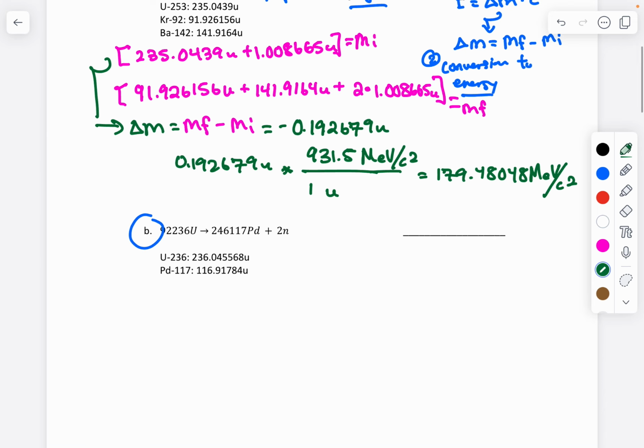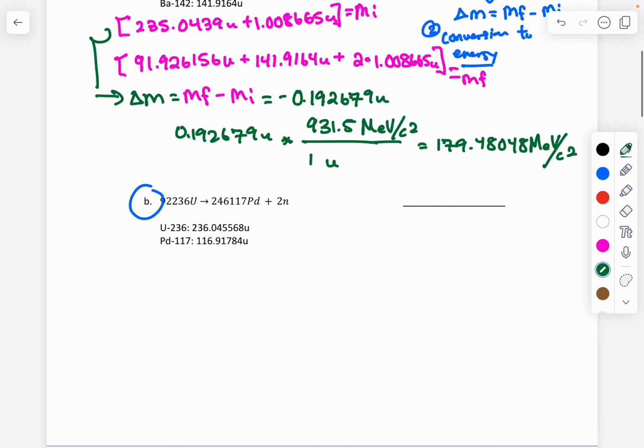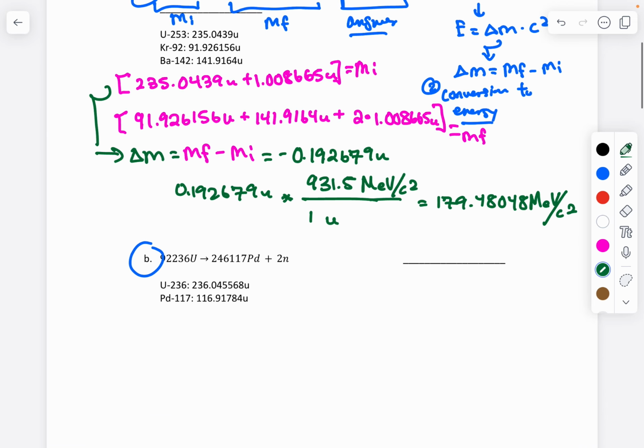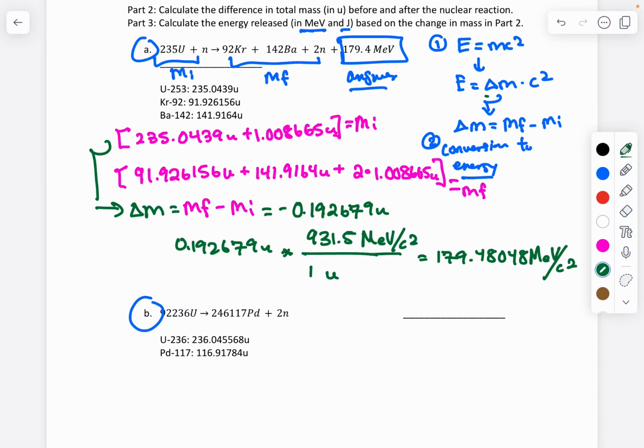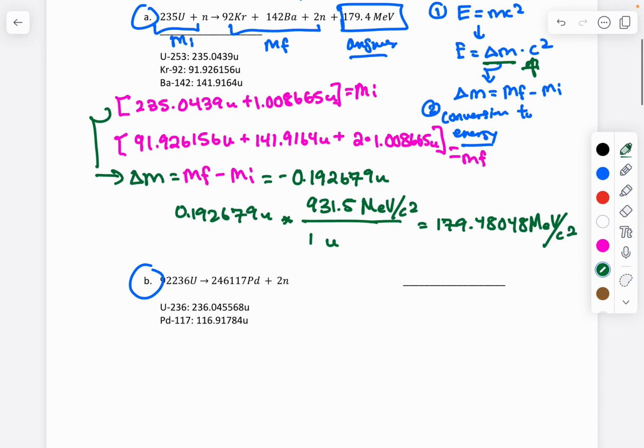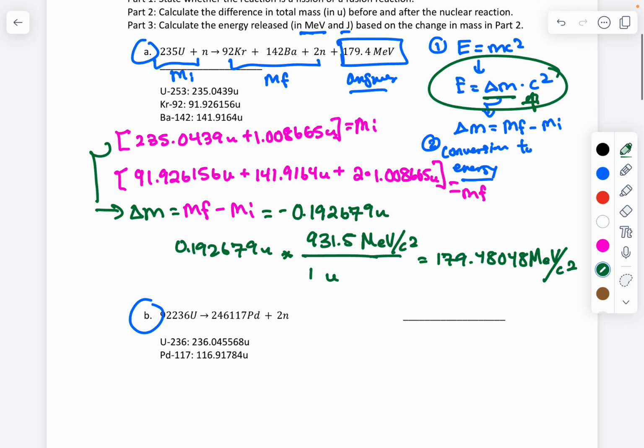Now we're not done yet, because we have to take this number and plug it into our equation. So what we found is like this. Now we need to use the entire equation.